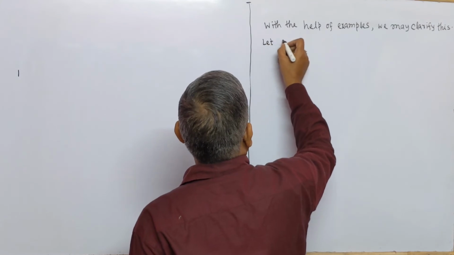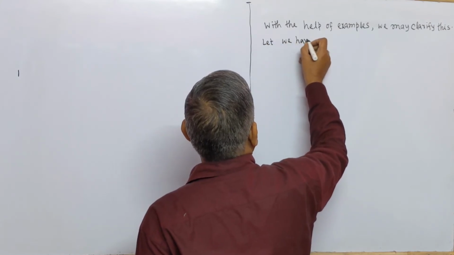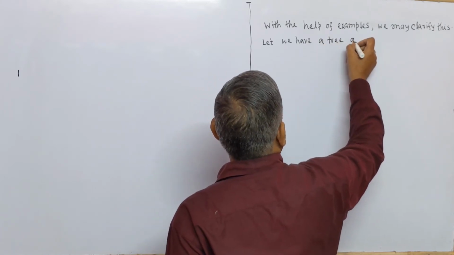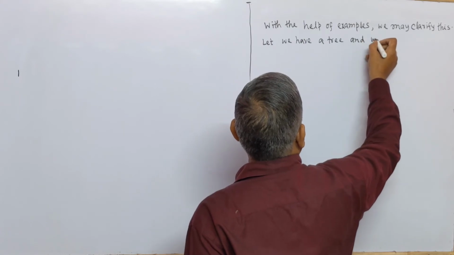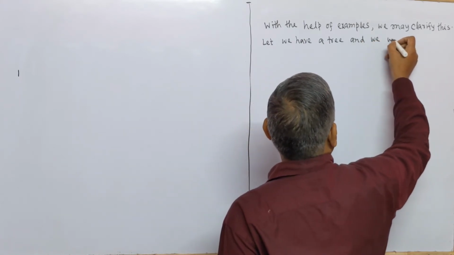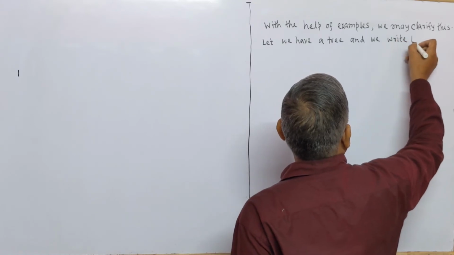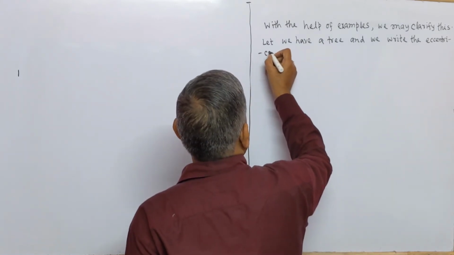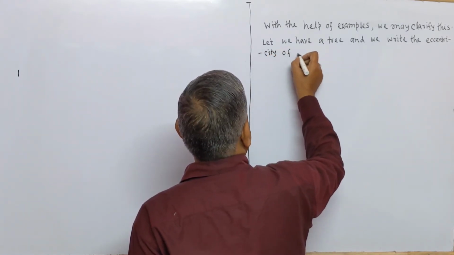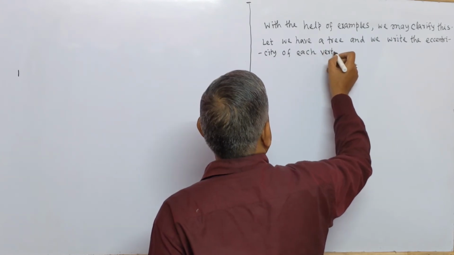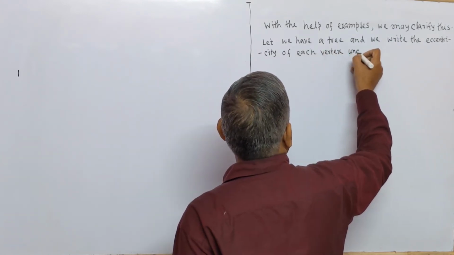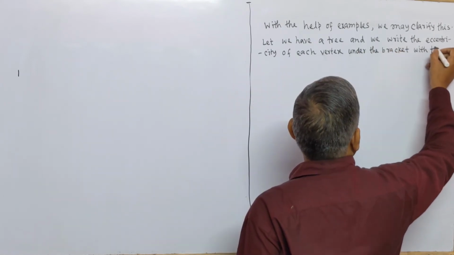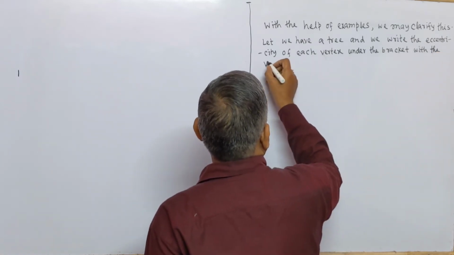Let we have a tree and we write the eccentricity of each vertex under the bracket with the vertex.